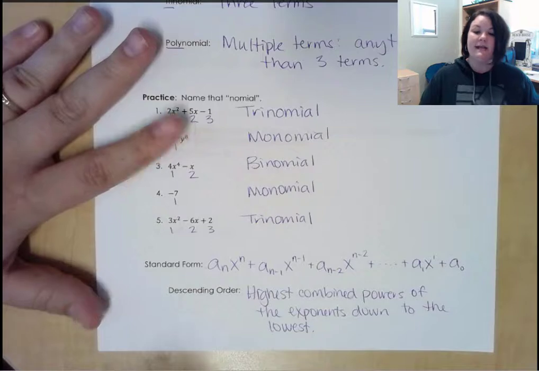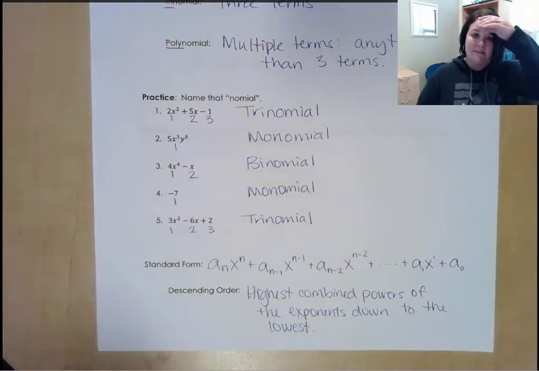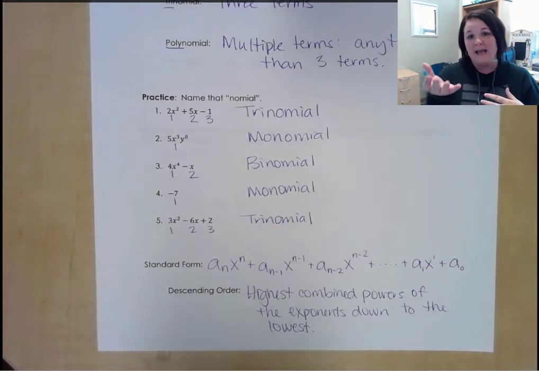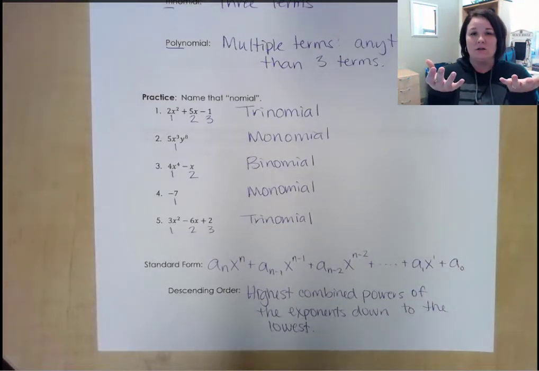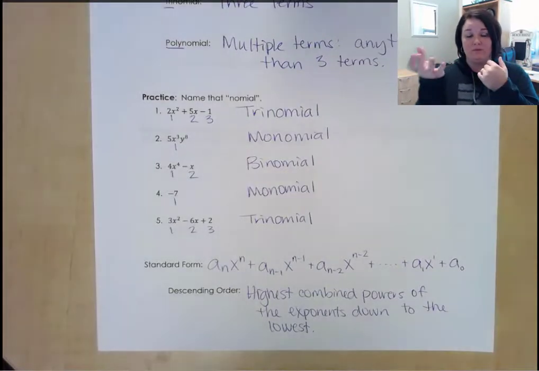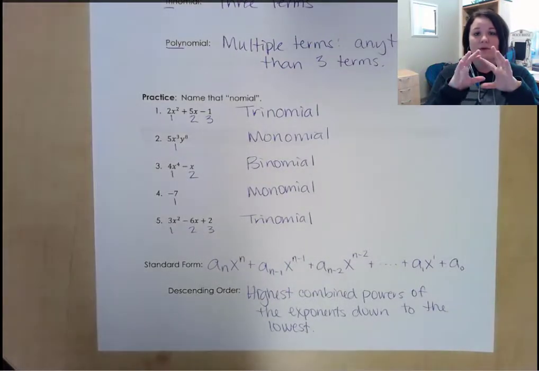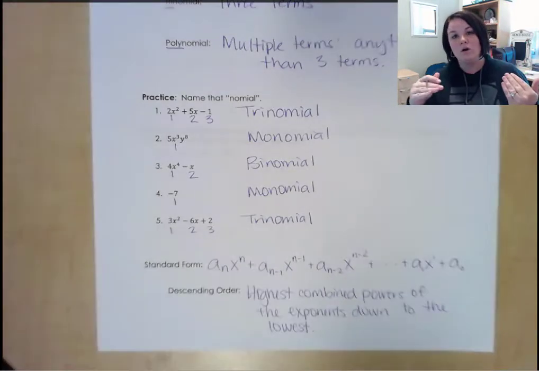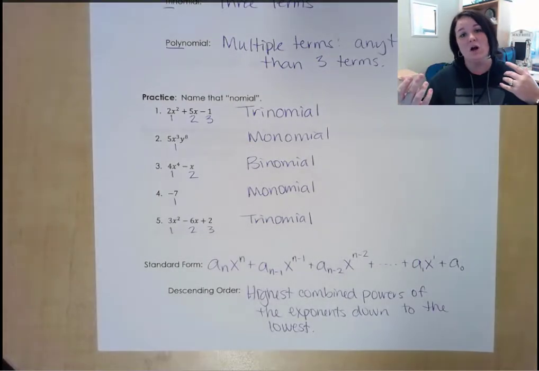Okay, now the reason I say combined is because sometimes you'll have x's and y's. So if you have like an x and a y squared, then the combined powers would be 3, right? Because we have 1 x and 2 y's, so that would be a degree 3 term, okay? So we always want to put them in order by our highest degree down to our lowest degree.